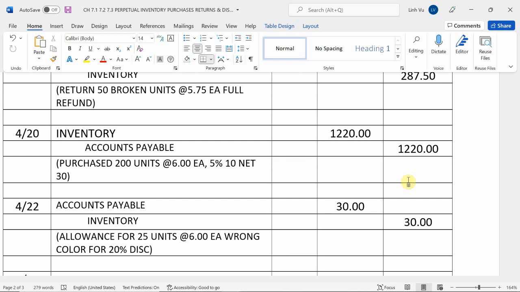$1,111.50. Is that including the freight? No. So I took 1,200 minus 30, times 95%. So there you go. 1,200 minus the 30 gives you 1,170, and you multiply that by 95%.